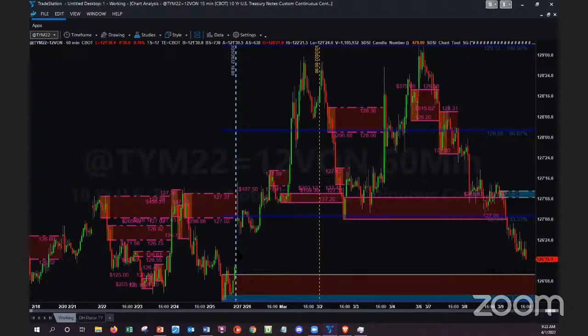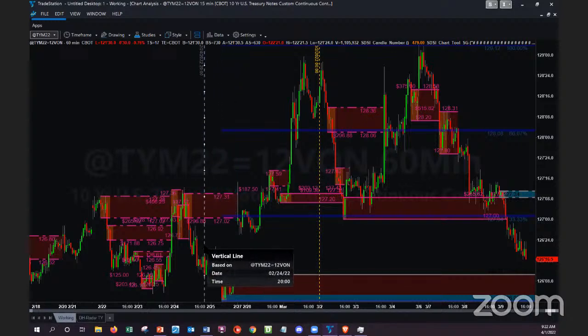Rollover actually occurred on 3/25 back here. And you can see these, everything here looks reasonable and decent.